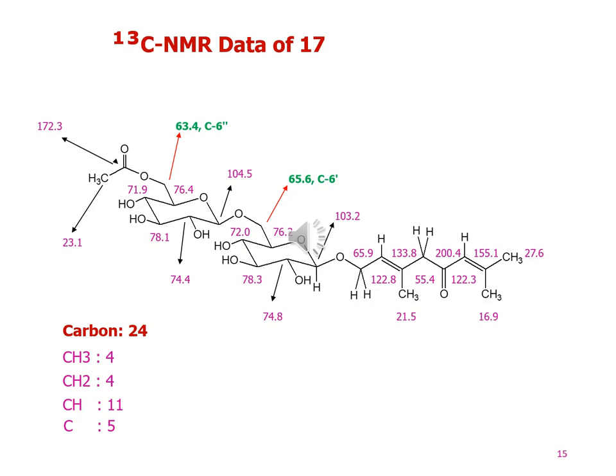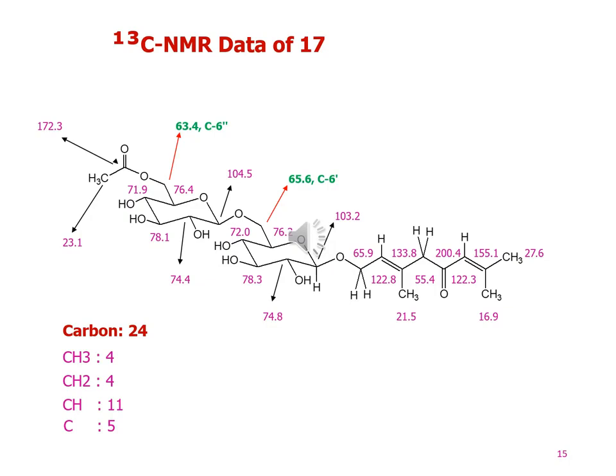The signal for methyl that resonates at 23.1 indicates the presence of an acetyl group, and 172.3 indicates the presence of the carbonyl group of the acetyl moiety, which is attached to the second glucose unit. You can see over here the signals for the alpha-beta conjugated ketone appear at 200.4, 122.3 and 155.1.